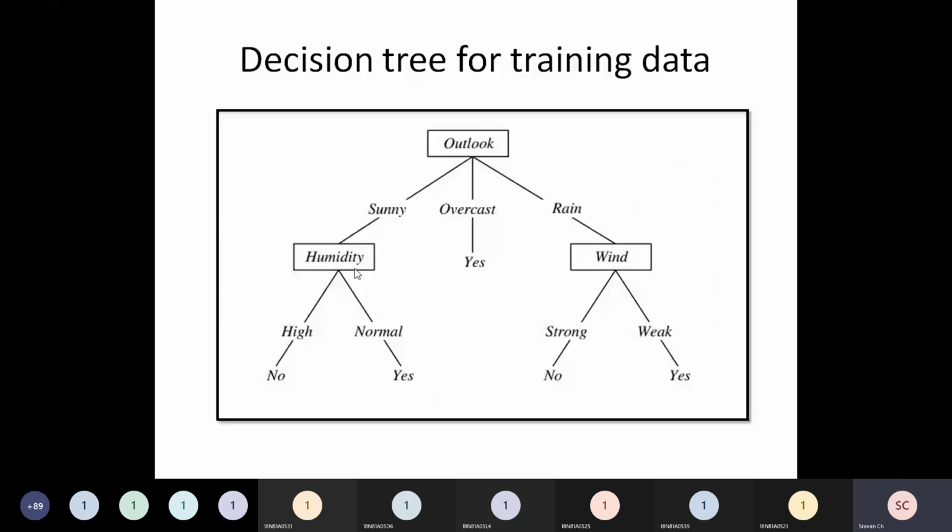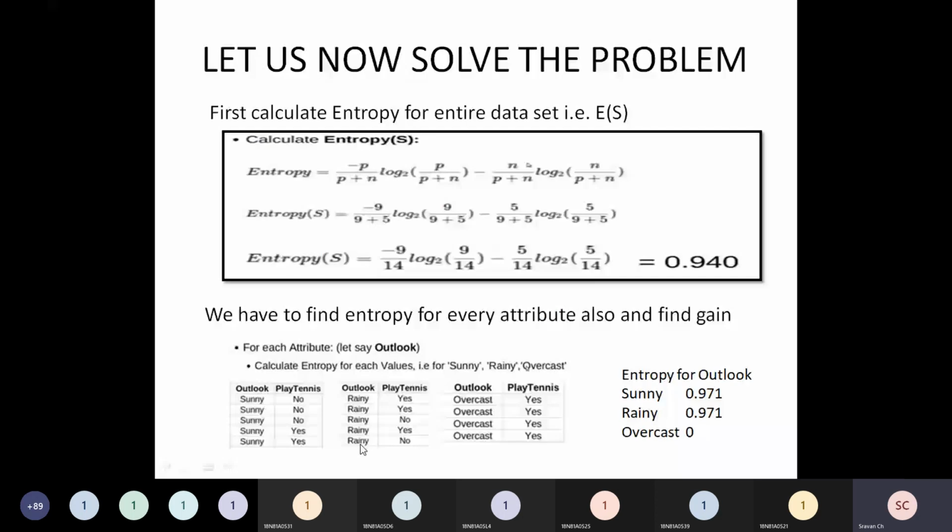I will divide it into three small subsets. It will look like this. Please observe the bottom of the screen. Out of total records, we had sunny as the value for outlook 5 times. Whenever I got sunny, was the outcome yes or no, positive or negative? That I have to record.